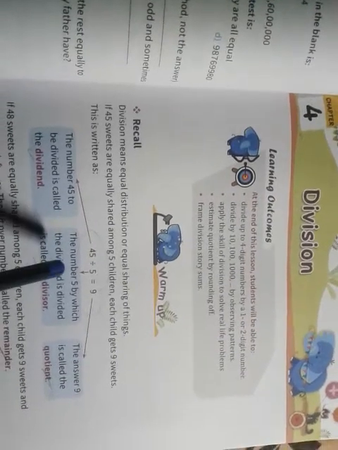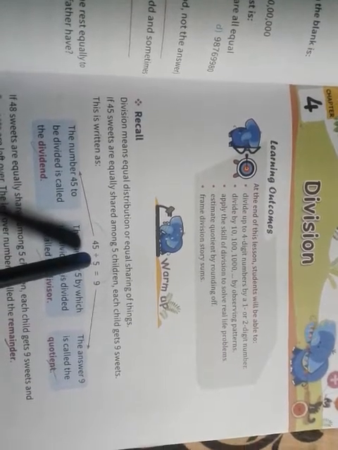So here, as you know, you have studied this division in standard 4 also. When we do division, we have four terms. The number which is to be divided is known as the dividend.